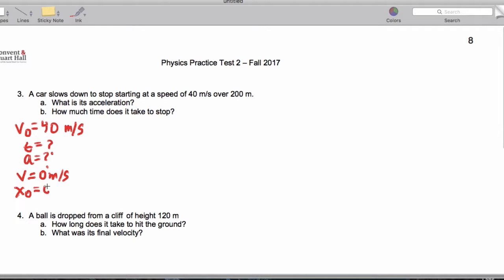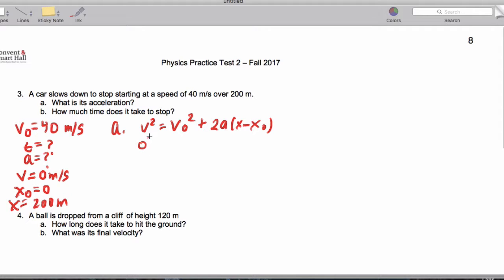We always start off our initial position as 0 if we're not sure, and then we actually travel over 200 meters. So for the acceleration, let's use the formula that doesn't have time to see if we can do something with it.